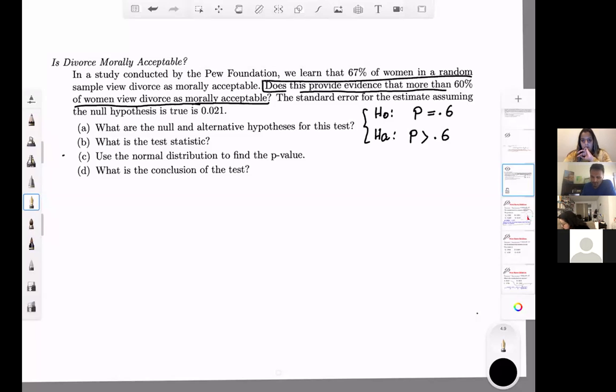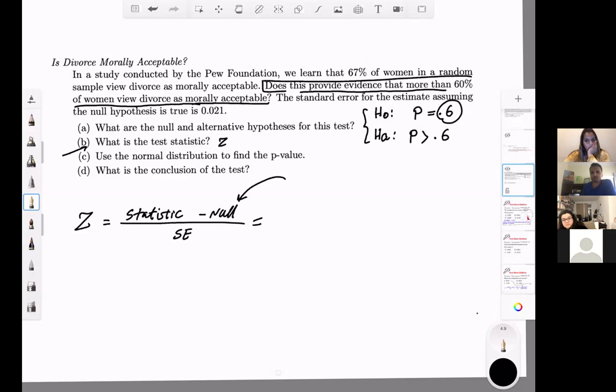So here we are using the z-score. The formula for the z is the statistic minus null, divided by the standard error. The null is the null hypothesis value, the null parameter.